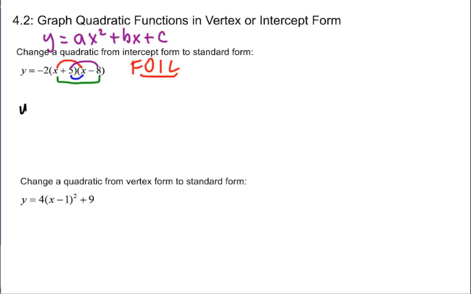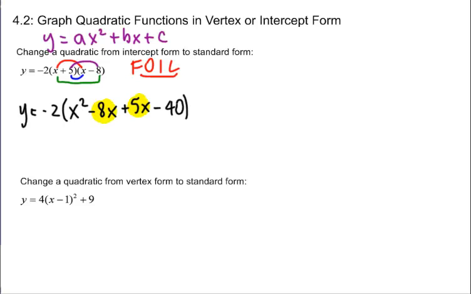So let's look at what's going on here. We've got y equals -2, and then do your guys connected by red: x times x is x squared. Do your guys connected by green, that's going to be -8x. Do your guys connected by blue, that's going to be 5x. And do your guys connected by purple, that's +5 and -8, which make -40. Now, notice inside this that we've got a couple of things that are the same.